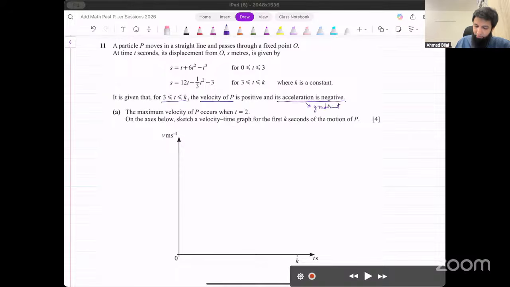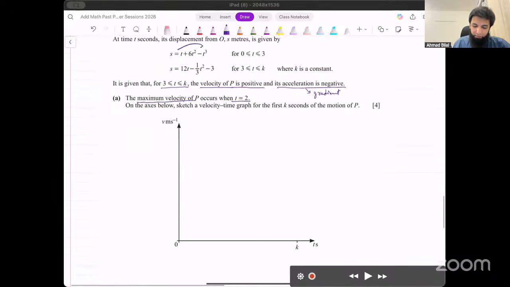Gradient is negative, but velocity is positive. That means it's above the x-axis with a negative gradient. Okay. Now, we need to sketch. They have also given us the maximum velocity of P occurs when t is equal to 2.